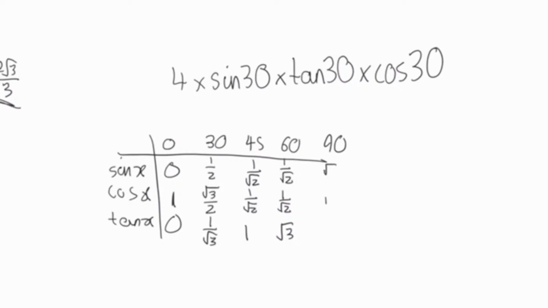Sorry, I put the wrong numbers here. Let me just correct this. For 60 degrees, what we have is root 3 over 2, a half, and then root 3. And for 90 degrees, we have 1, 0, and tan of 90 is just undefined. You can't have a value here.